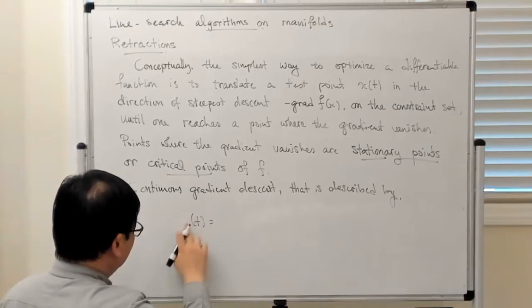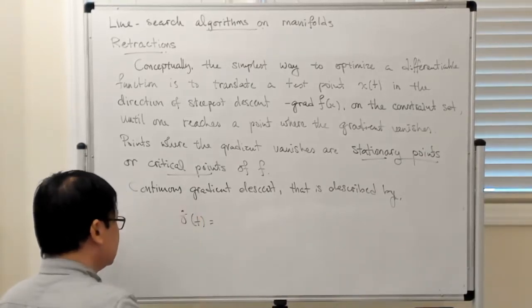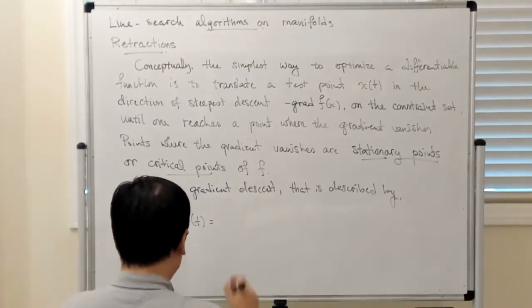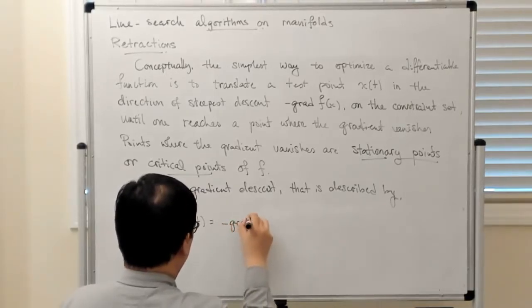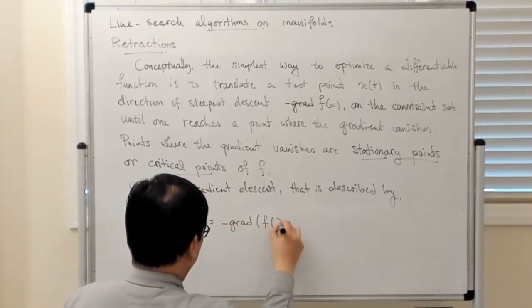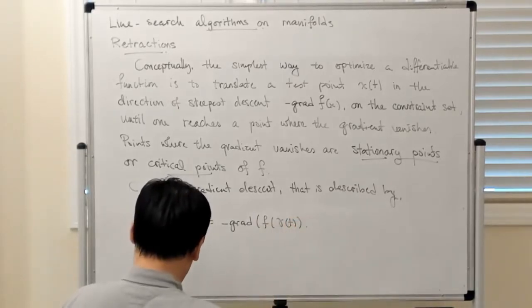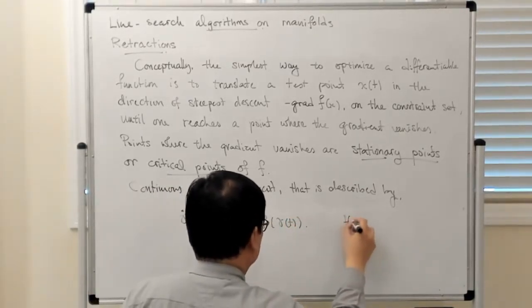Maybe let's call it gamma. So gamma dot is equal to negative the grad of f, evaluated at the point gamma of t, right? And you want this to be true for all t, for example.